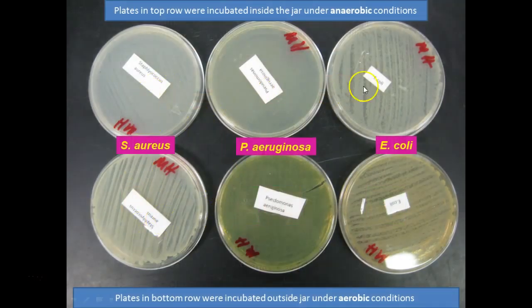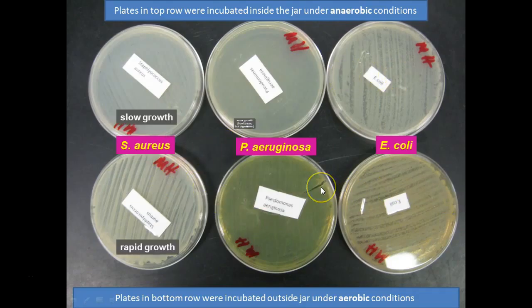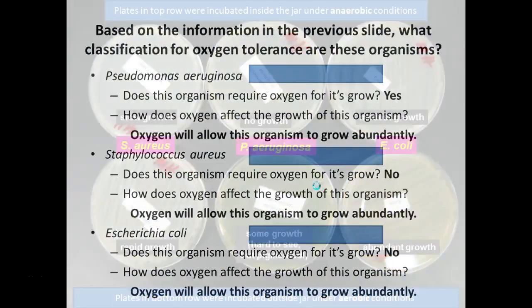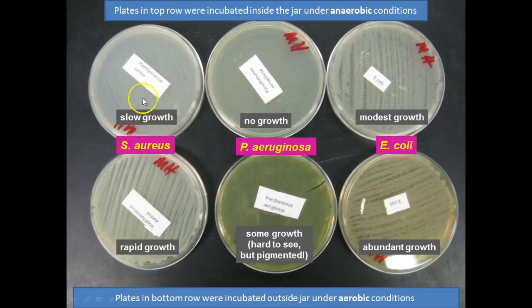Here we inoculated 2 sets of plates, 3 different organisms, put them in the jar and outside the jar, and this is their growth. So you can see these guys grew in both conditions, both E. coli and Staph aureus. So they're what? Facultative.